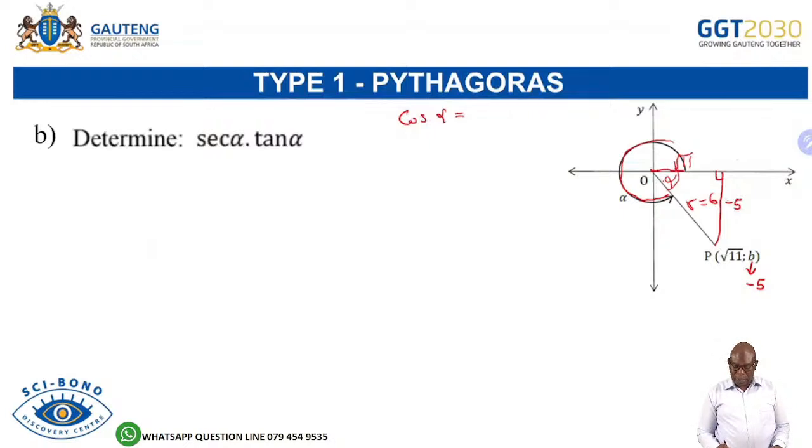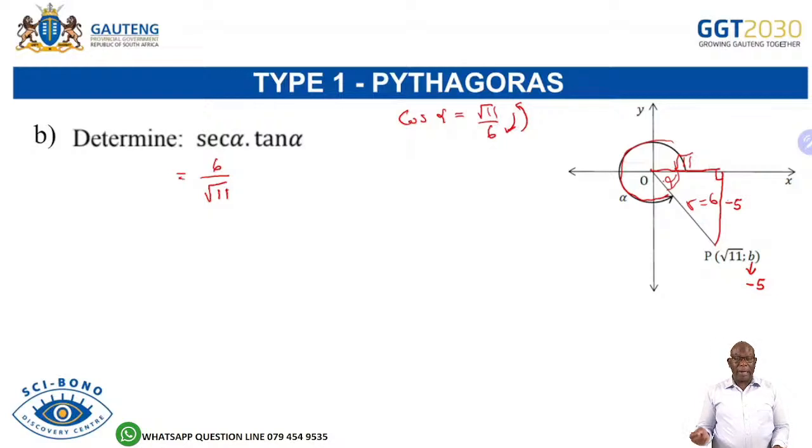My adjacent side is this one, so it will be square root of 11 over 6 is the cos of alpha, which was given anyway. Now if I want the sec of alpha, I must swap this around, which means my sec of alpha will be 6 over square root of 11. Now I know what the sec of alpha is.